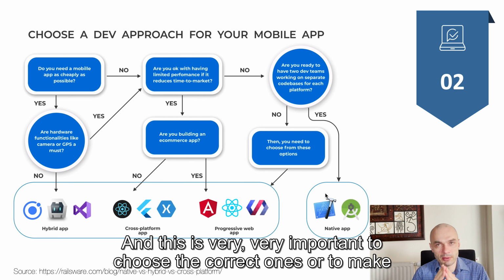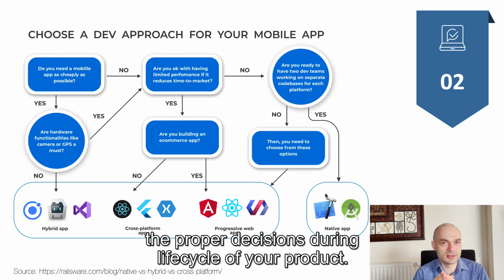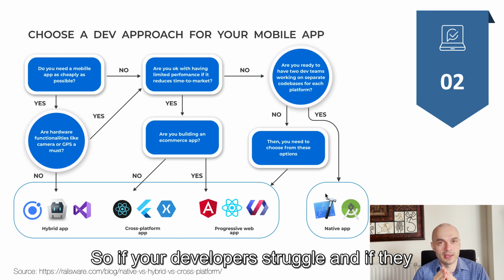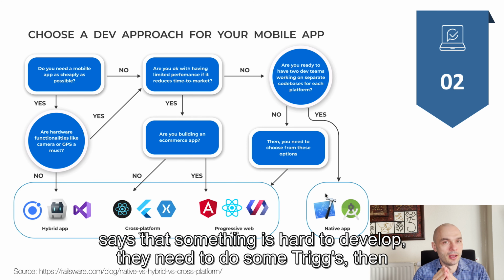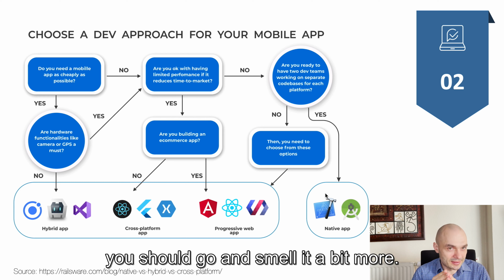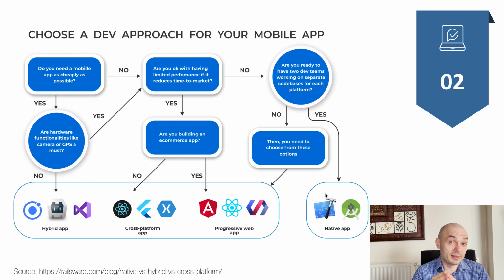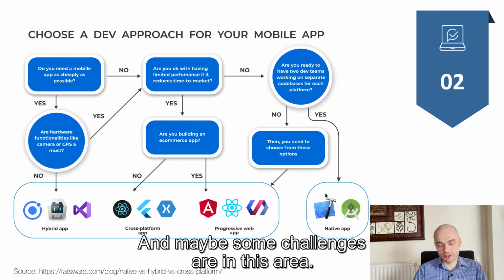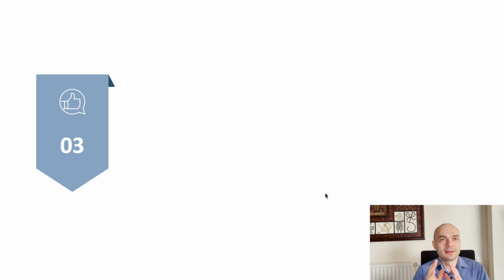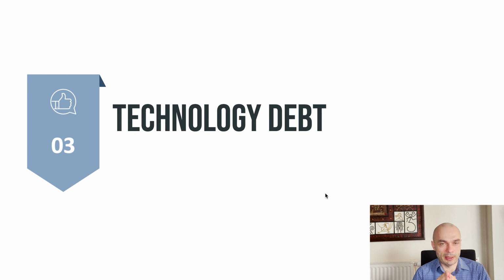And it is very, very important to choose the correct ones or to make the proper decisions during the life cycle of your product. So if your developers struggle and say that something is hard to develop, they need to do some tricks, then you should go and smell it a bit more, and maybe some challenges are in this area. The next one is technology debt.